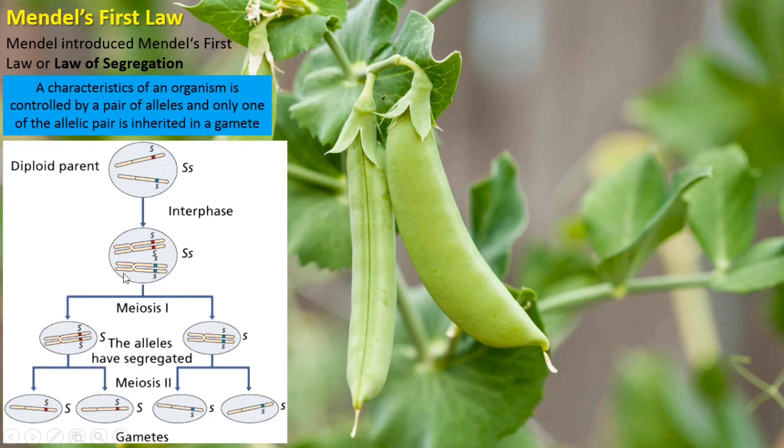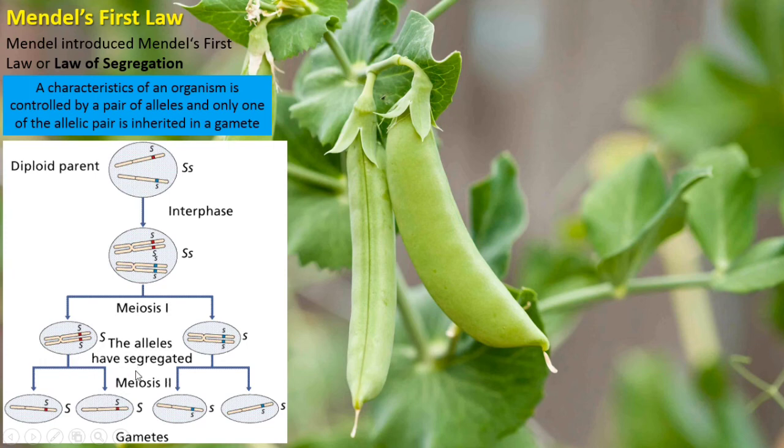So dalam induk, contohnya dalam induk ada allele S besar, S kecil. So apabila allele tu segregate masa meiosis 1 dengan meiosis 2, allele tu akan membawa only one of the allelic pair inherited in a gamete. Okay, so dia akan segregate. Segregate tu maksudnya berpisah. Sepasang allele tu telah berpisah. Itulah dipanggil law of segregation.